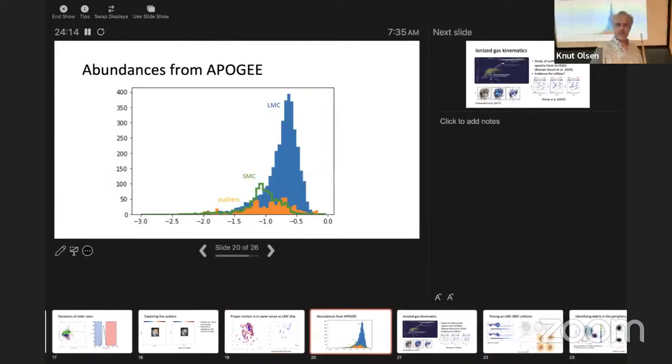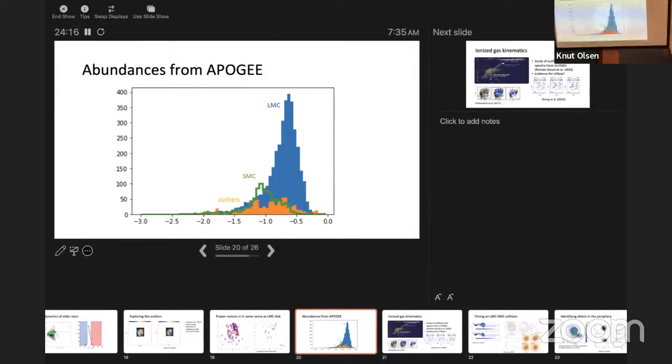From APOGEE, it's also interesting to look at the abundances, right? So we've plotted here the histogram of LMC stars to the normal LMC population that you see in the kinematics, and it has this blue abundance distribution, sort of with a peak at around minus 0.7 or so, because these are the older stars in the LMC.